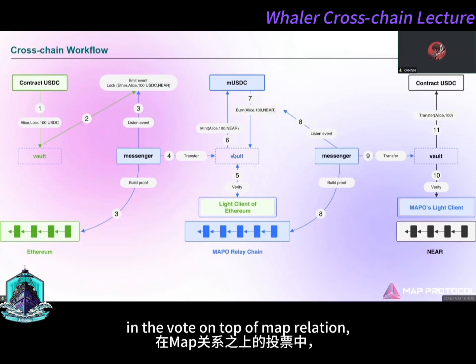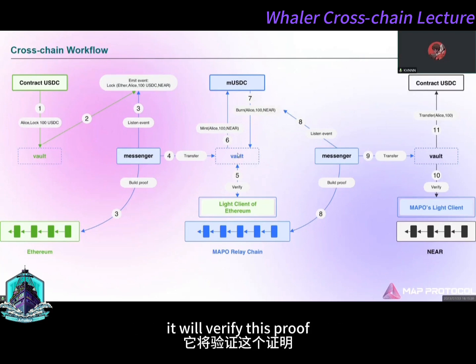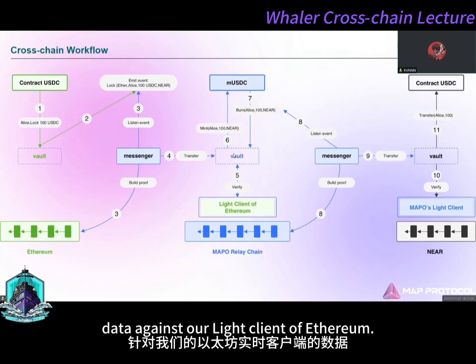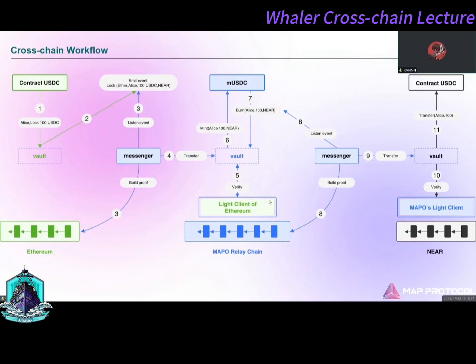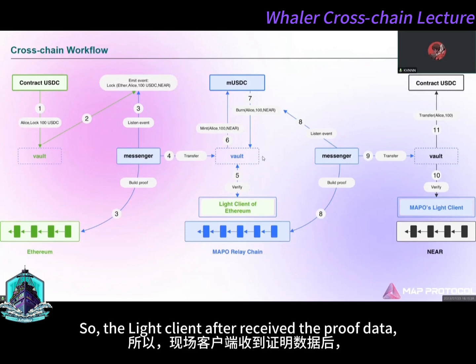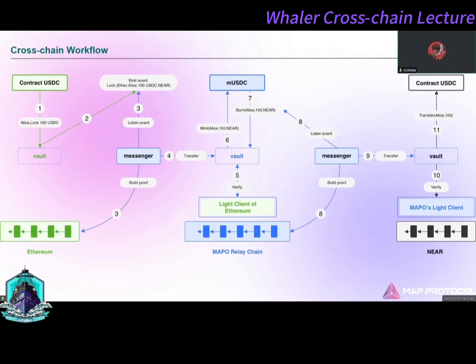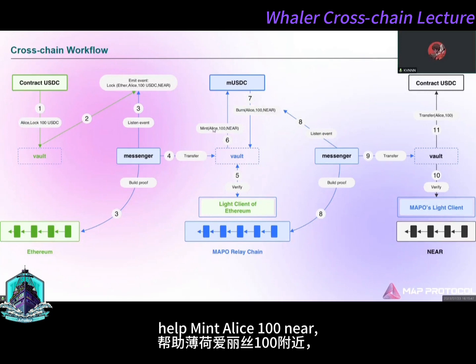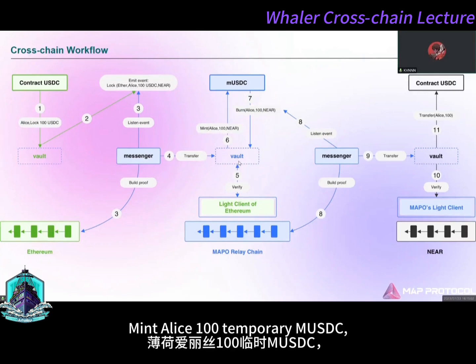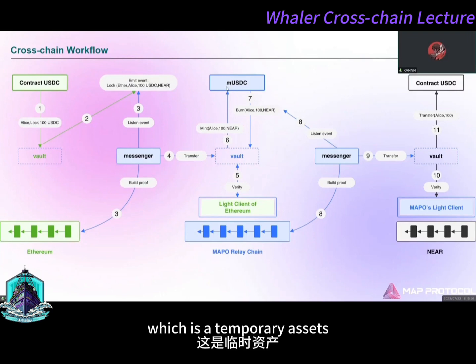So the vault on top of the Map relay chain will verify this proof data against our light client of Ethereum. The light client, after receiving the proof data, is going to verify whether the transaction is valid or not. If it's valid, then the vault is going to mint Alice 100 temporary MUSDC, which is a temporary asset on top of Map Protocol.